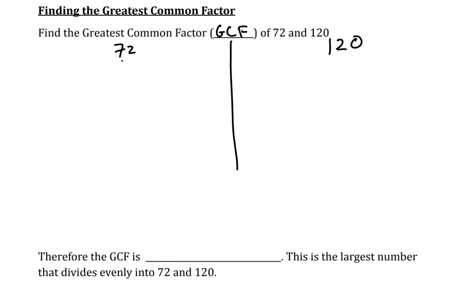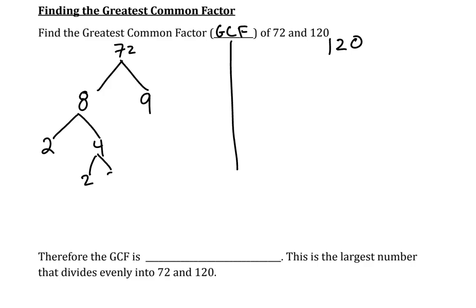If I were to take 72, I would say that that is 8 times 9. And what I can do here is say that 8 is just 2 times 4. I can't break up 2 anymore, but I can break up 4.